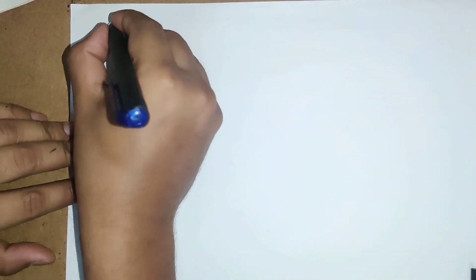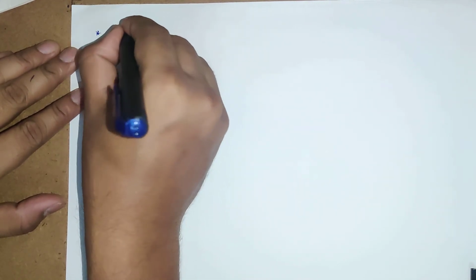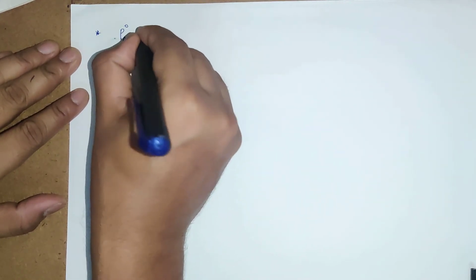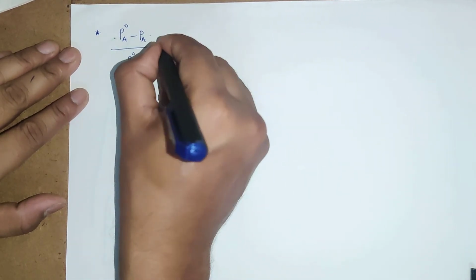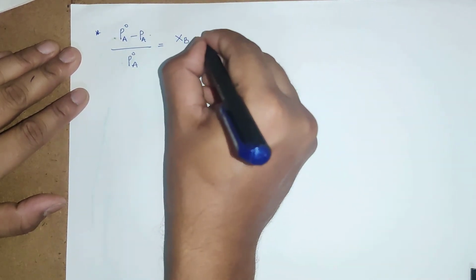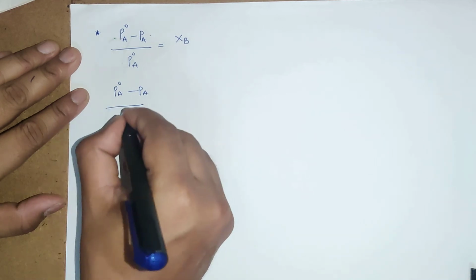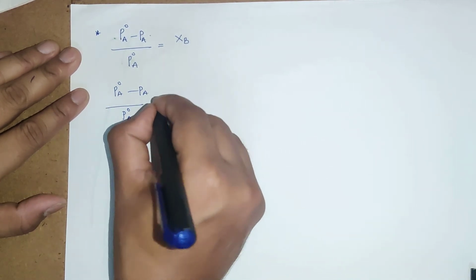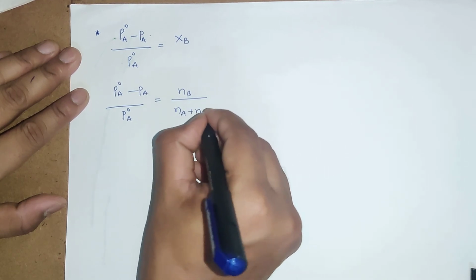Therefore, let us write once again all the formulas to determine the molar mass of a solute. (P naught A minus Pa) by P naught A is equal to Xb. What is Xb here? It is Nb by Na plus Nb.